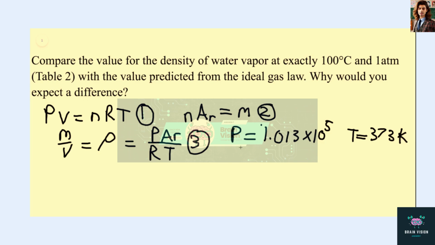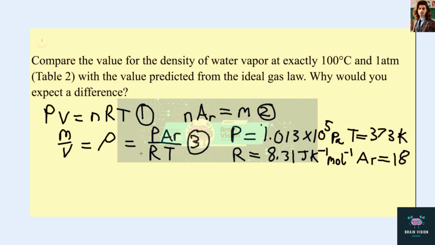The gas constant is 8.31, and the unit for that is joules per Kelvin per mole, J K^-1 mol^-1. The atomic weight of oxygen is approximately 16, plus 2 for hydrogen, so the atomic weight of water is equal to 18.